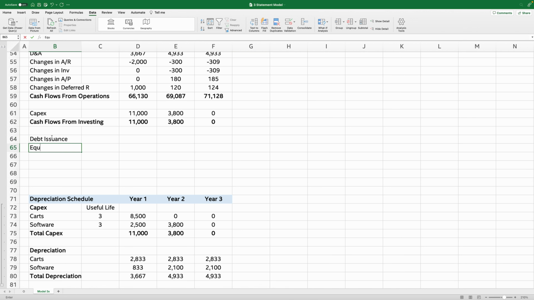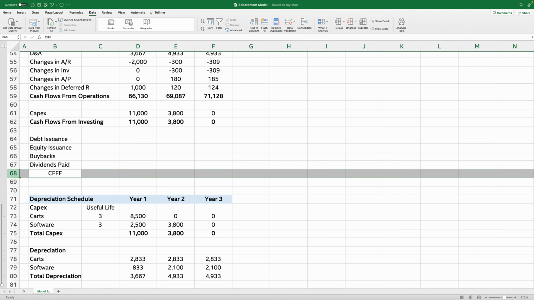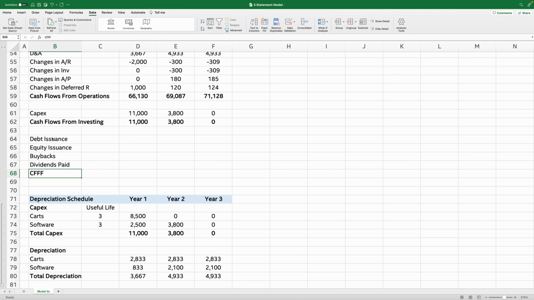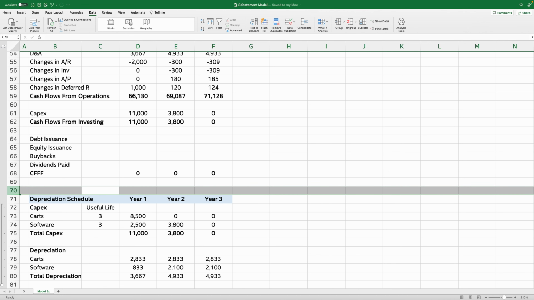Now we didn't issue any debt. We didn't issue any equity. We didn't do any stock buybacks. We didn't pay any dividends. But those are all things that can be down here. So right now we didn't do any financing activities this go around.